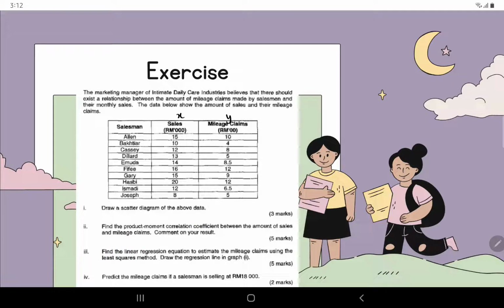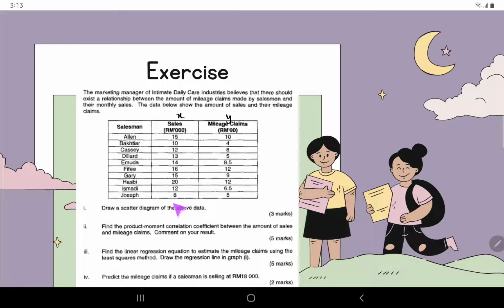Number 3, find the linear regression equation. Linear regression equation tu maksudnya kita nak cari y equal to a plus bx. Using the least square method, draw the regression line in graph 1. So maksudnya on the same graph, scatter diagram tu kita ada straight line untuk linear regression. Number 4, predict the mileage claim if salesman is selling at 18,000.